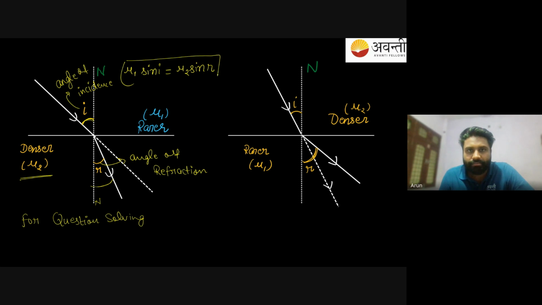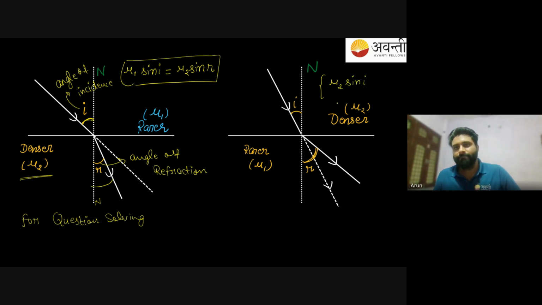Okay, this you have to keep in your mind. Again, for this, if I apply Snell's law, what is the refractive index here? It is mu 2 sin i equal to mu 1 sin r. Okay, got it?